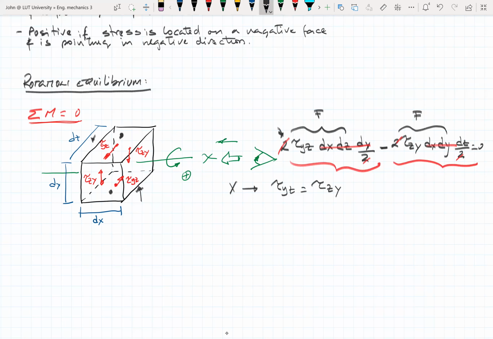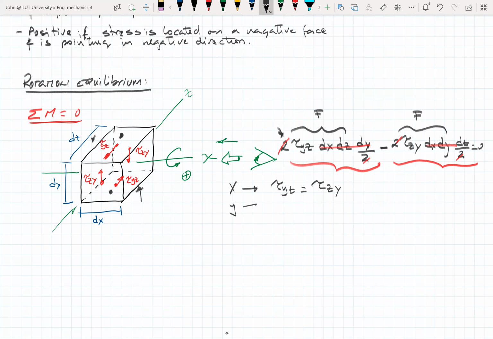I invite you to do the same with the other axes, and believe me, you can do it by proposing an axis, for example, or another axis that goes in this direction, meaning that this is aligned with the z-axis. What you're going to obtain is something very similar to what I have obtained here.